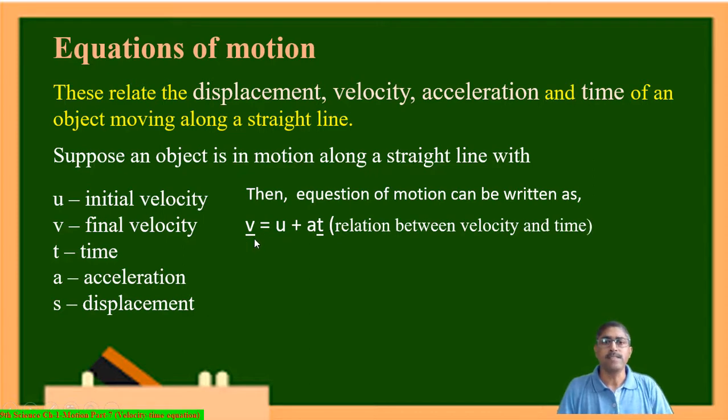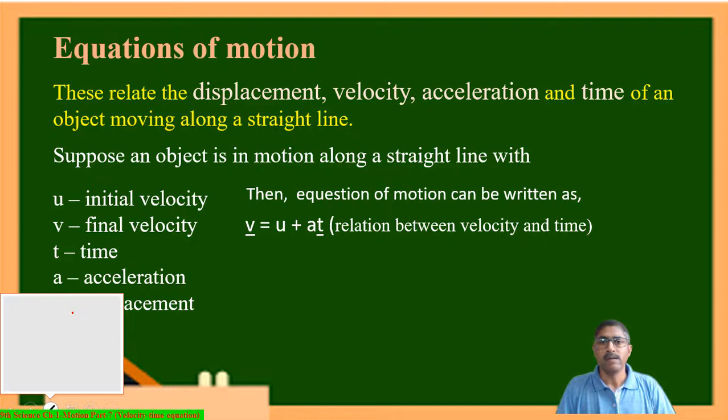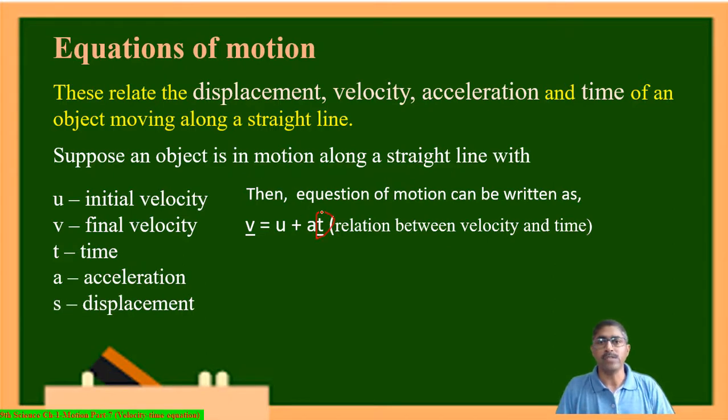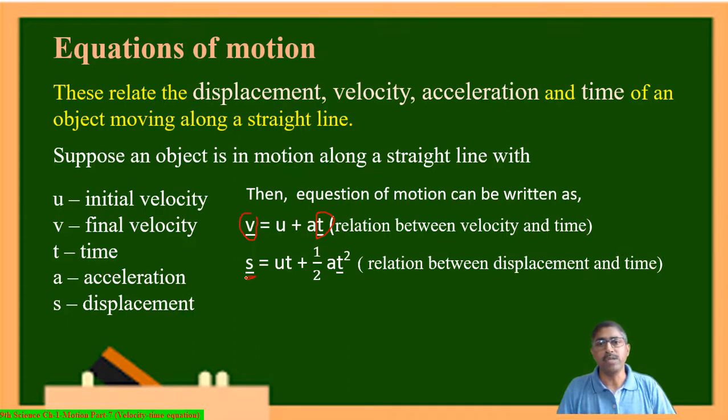Here there is a relation between velocity and time. That relation is the first equation of motion given by Newton. s = ut + 1/2 at², that is the relation between displacement and time, the second equation of motion.